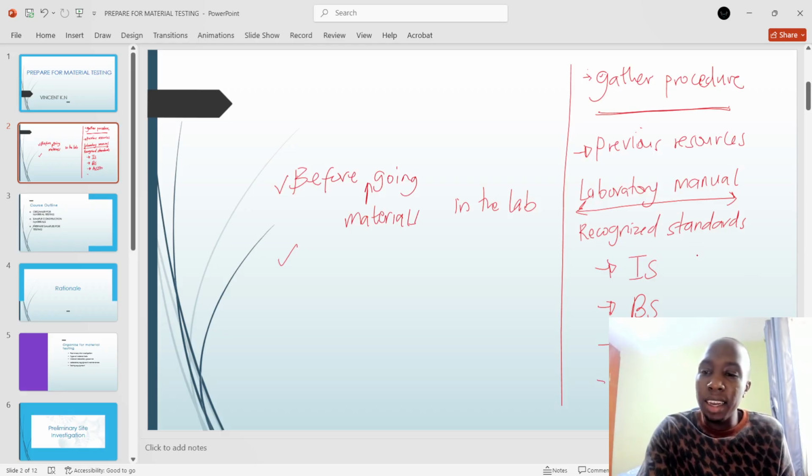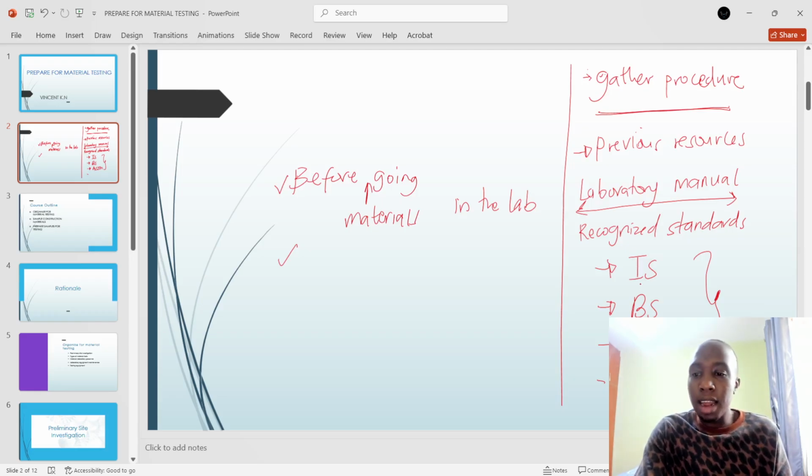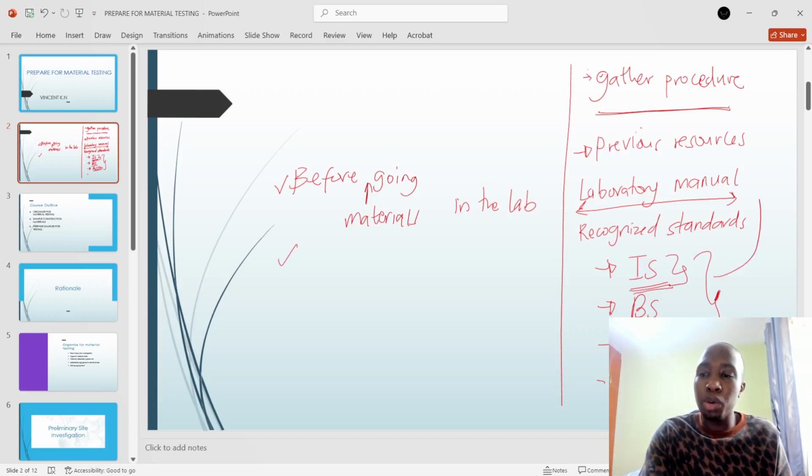If you look at these standards, you will find they specify, for example if you want to do a compressive test on concrete, the standards specify the procedure. So as an engineer, you go to the standards, extract the procedure, and have it specified in what you call a laboratory manual.